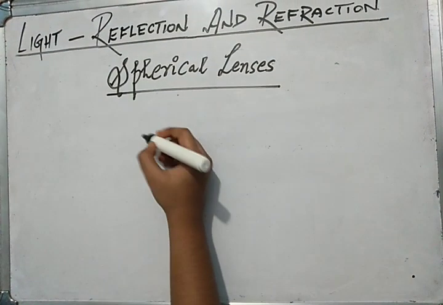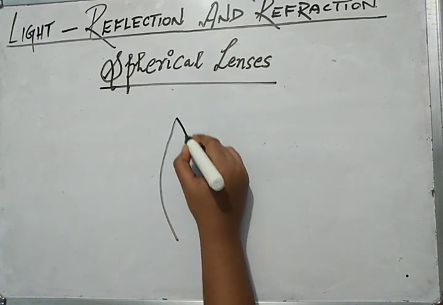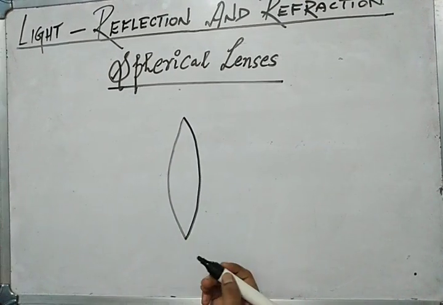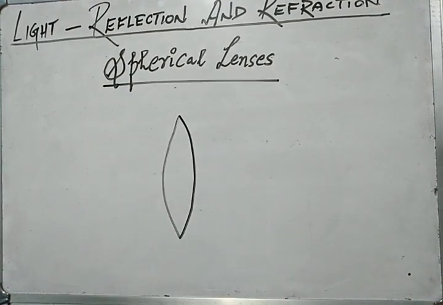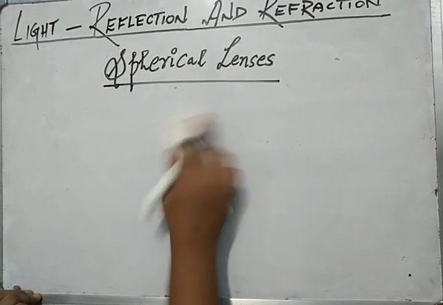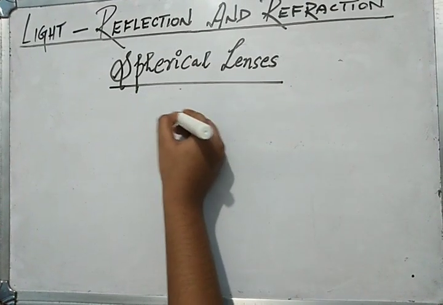I showed you that a convex lens is like this. This is a convex lens, or the converging lens. Now, I take two spheres like this. Let me draw dotted lines.